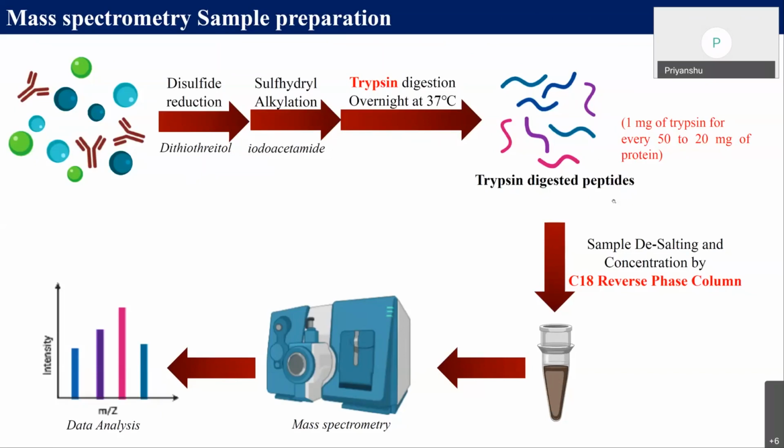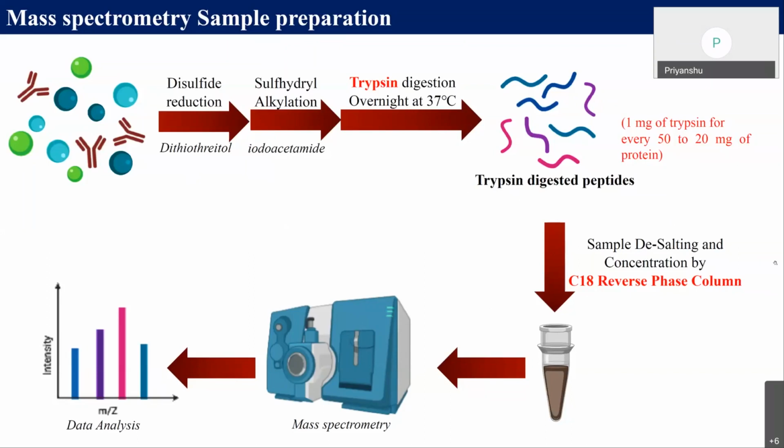Then, once we get the trypsin-digested peptides, what happens? In the upstream process of co-IP, we know that we used so many buffers and reagents. So in these trypsin-digested peptides, there are many chemical compounds, and you want to remove all these chemical compounds and salts. For this, we use a C18 reverse phase column.